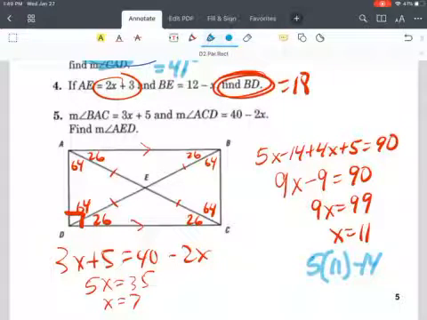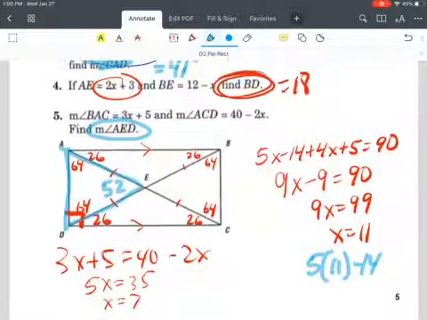And then in order to find the measure of AED, I have a triangle, and I can subtract 64 twice from 180 and get 52 degrees. And that is it. We will look at the other shapes later on in this chapter.